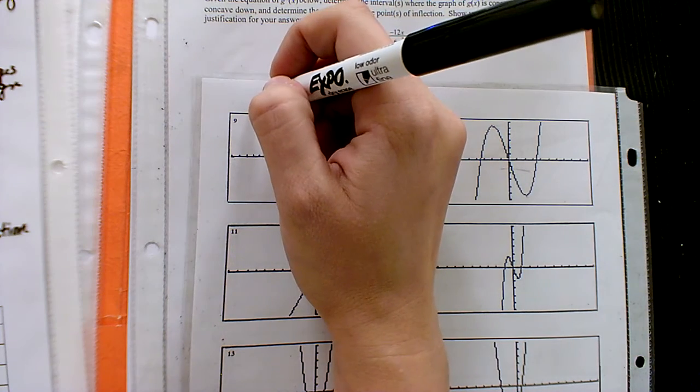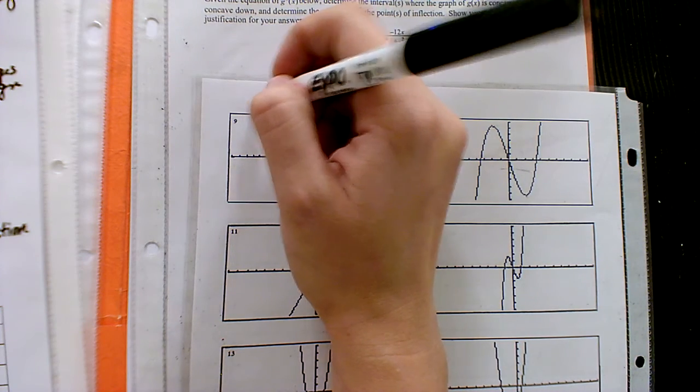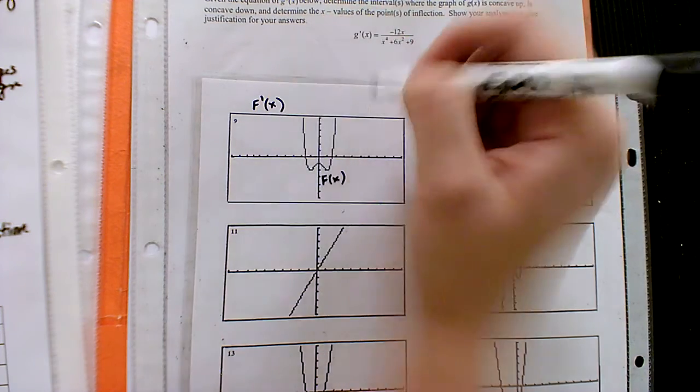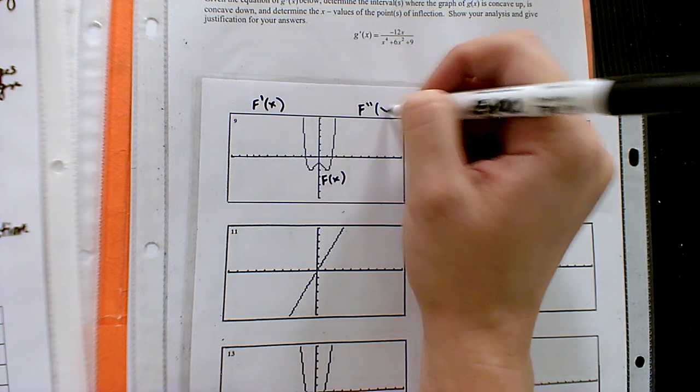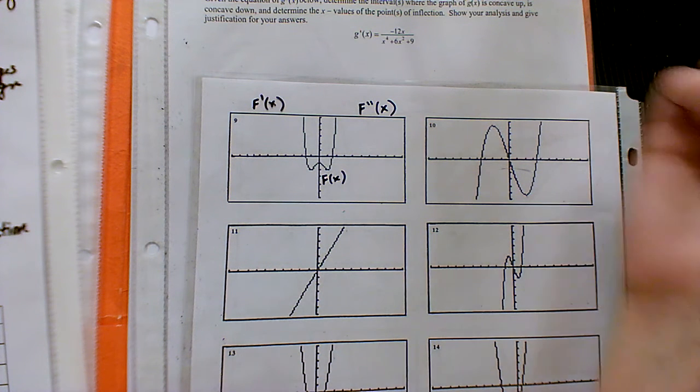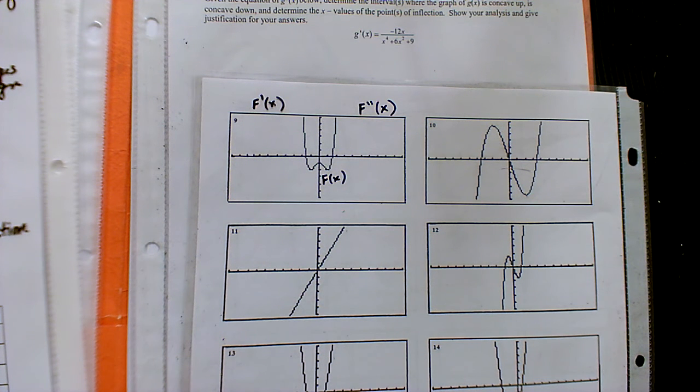What I want you to do on the top corner, if this is f of x, let's think about some connections to the first derivative and second derivative. That way we can narrow down which ones they might be. So what are some things that you notice about this graph? Increasing, decreasing, max, mins, curvature, anything.